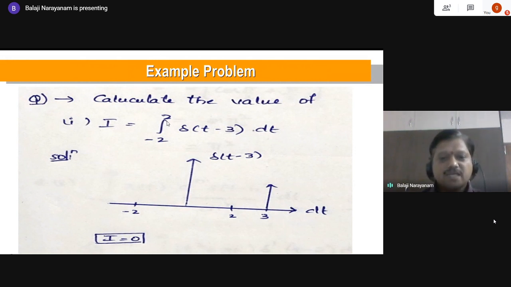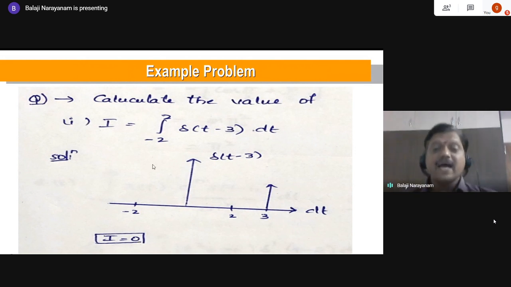If you plot this delta of t minus 3 function, you observe that between minus 2 and 2, delta of t minus 3 has no amplitude value. The amplitude value exists only at t equal to 3, which is outside this integral range, and hence one can easily say I is equal to 0.